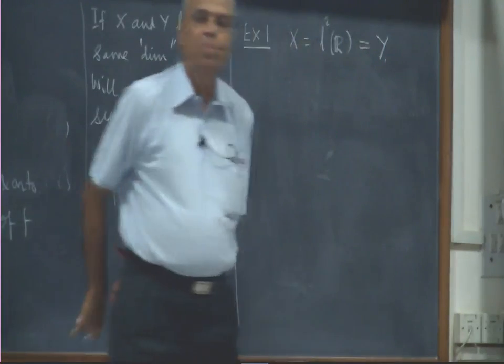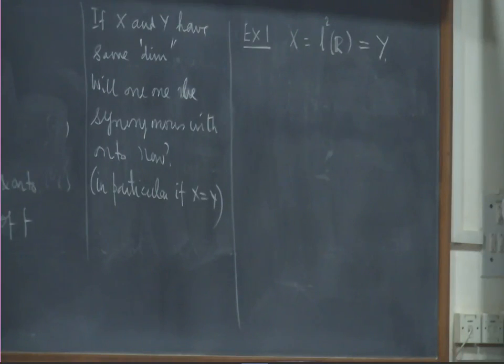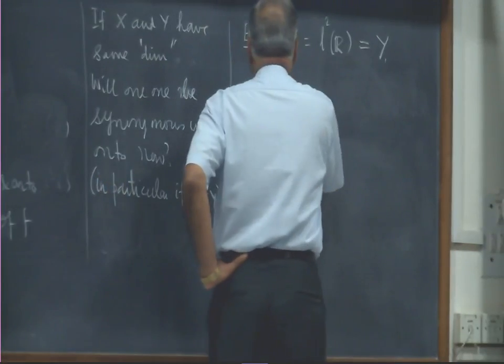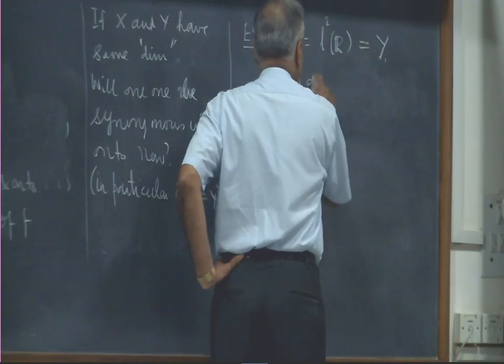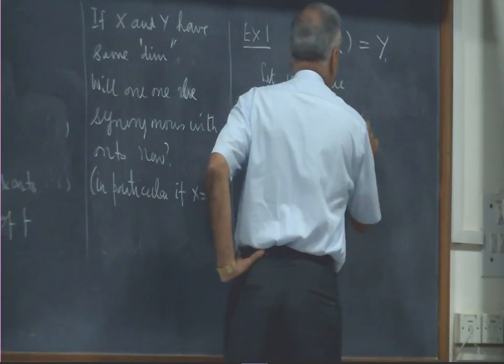This is obviously an infinite dimensional space, because 1 0 0 0, 0 1 0 0 0, 0 0 1 are all linearly independent vectors. So this is an infinite dimensional space, and now let us define f mapping x to x as follows.